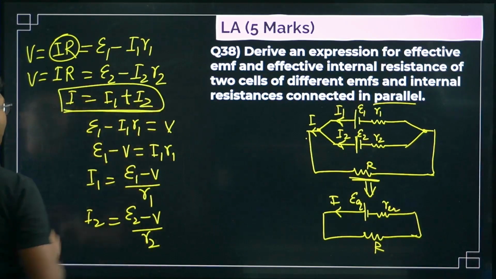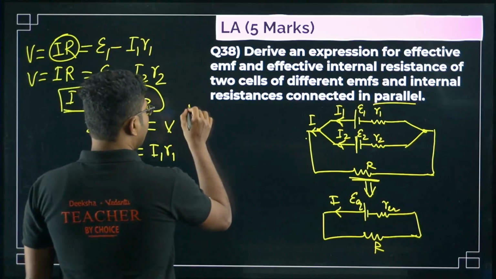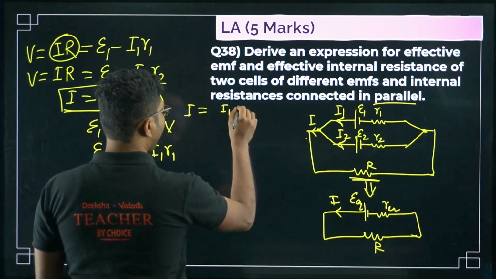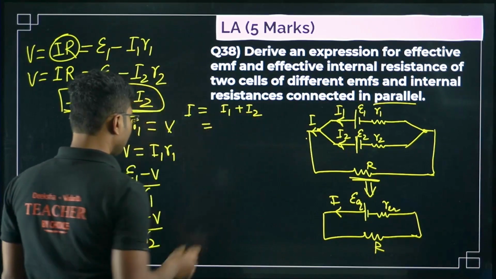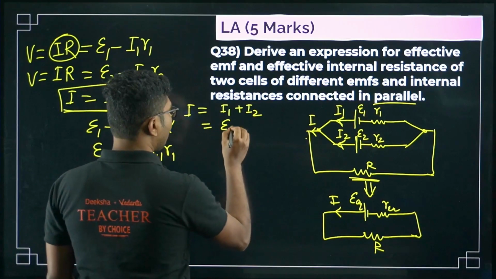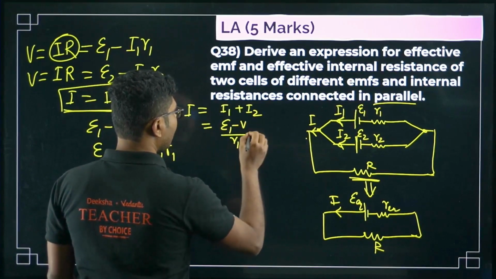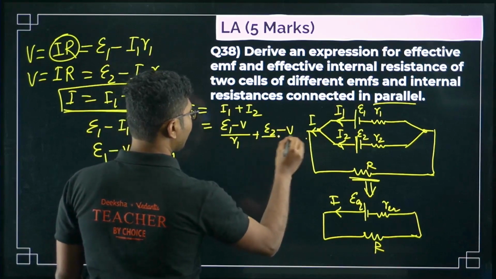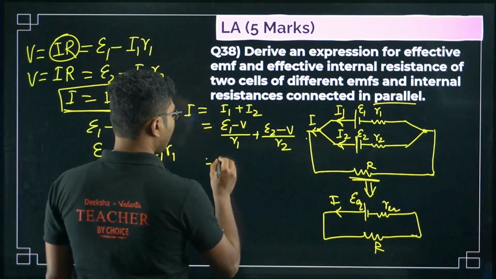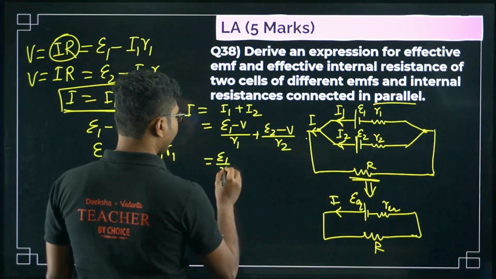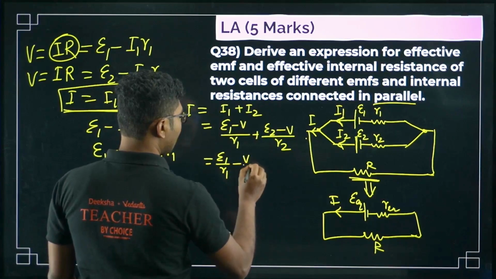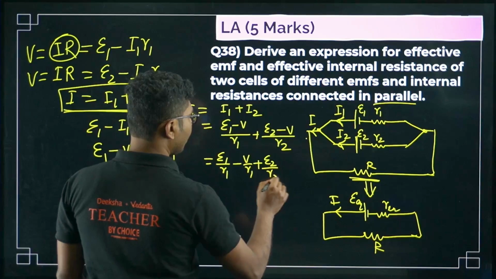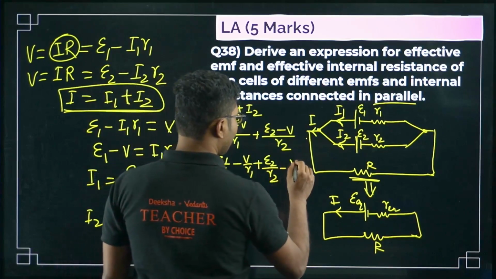So I equals I1 plus I2, that is equal to (epsilon 1 minus V) by R1 plus (epsilon 2 minus V) by R2, or epsilon 1 by R1 minus V by R1 plus epsilon 2 by R2 minus V by R2.